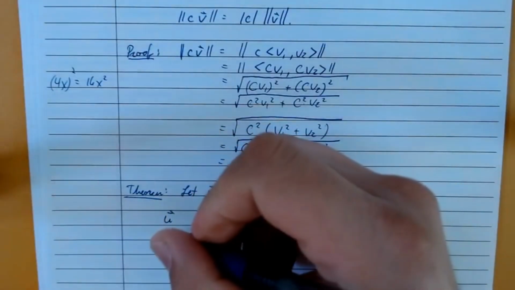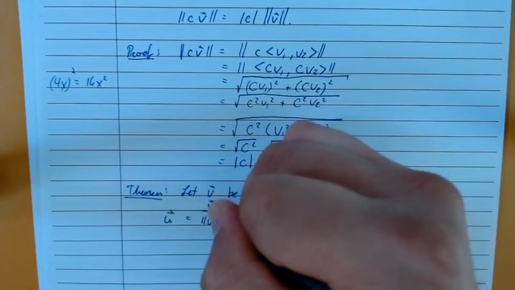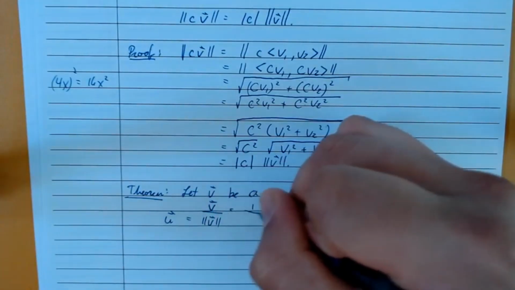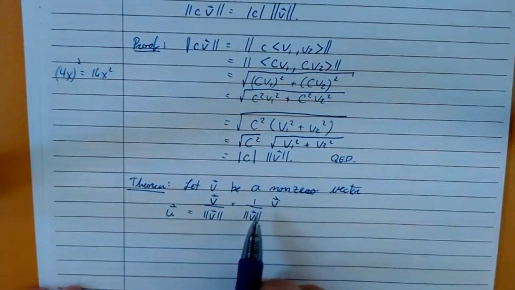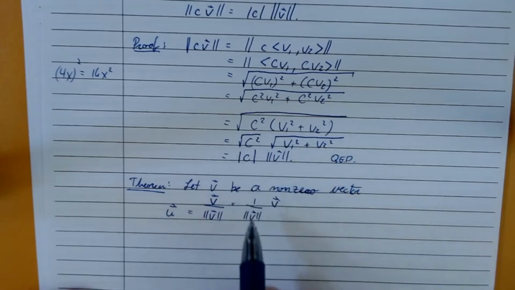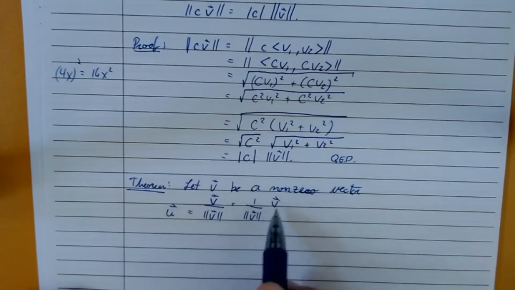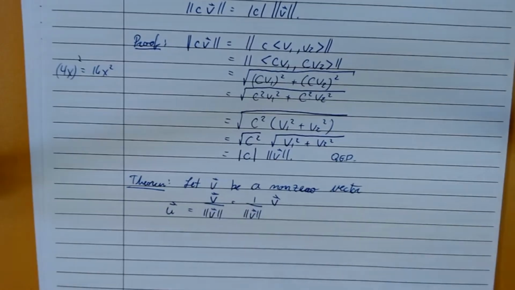The vector U, which is given by the vector V divided by the magnitude of V, which is the same as saying 1 over the magnitude of V times the vector V. Here, the magnitude of V is just a number. That's the length of the vector. So if you take the reciprocal, that's also a number. So this is just a scalar product. This number times V can also be written as the vector V divided by its magnitude. Those two mean the same thing.